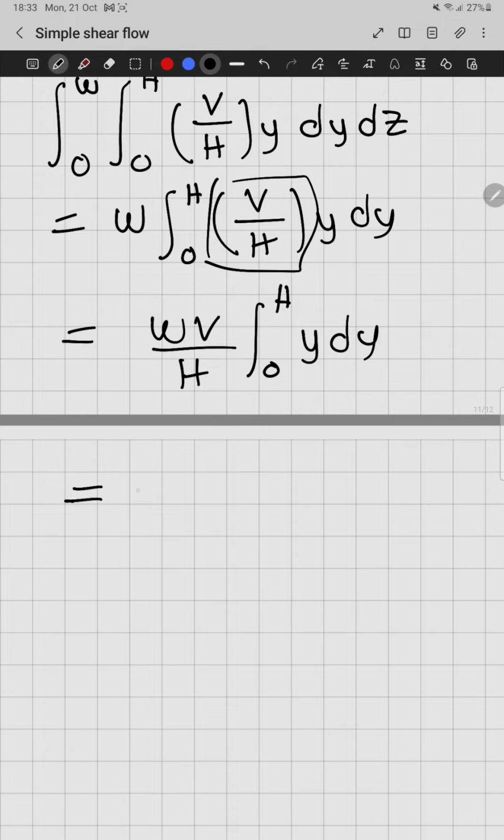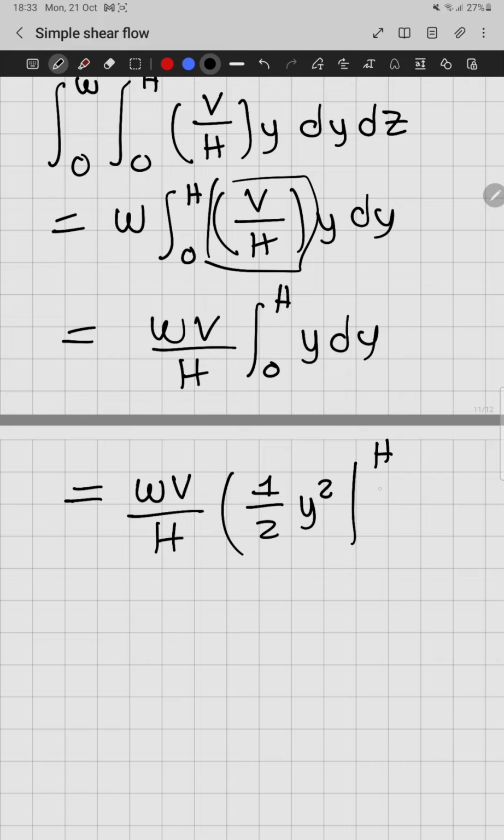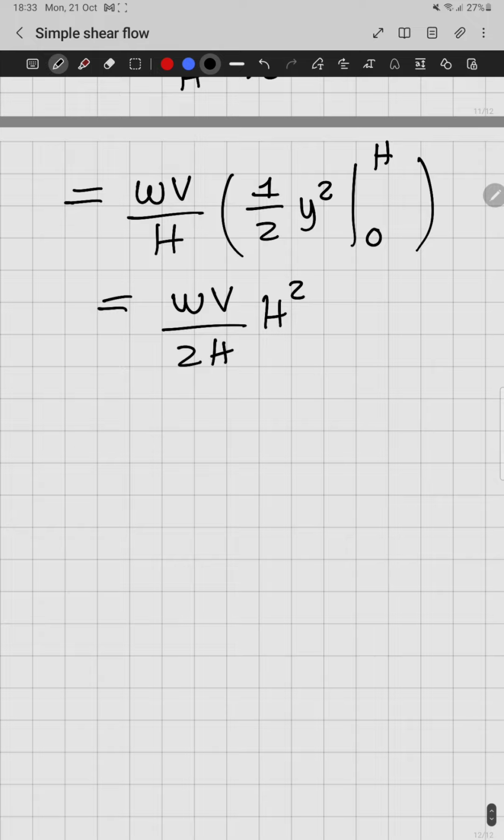So this integral is just simply going to be simplified as this, and then we need to apply the integral limits, and you will see that you will end up with something like this, which can be simplified further. So the average velocity is just this equation.